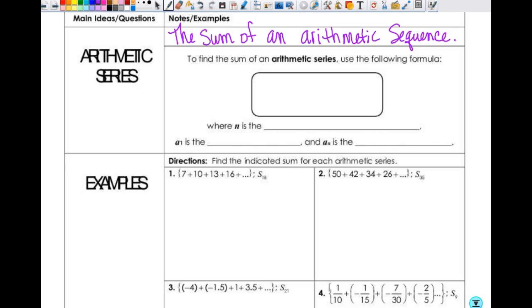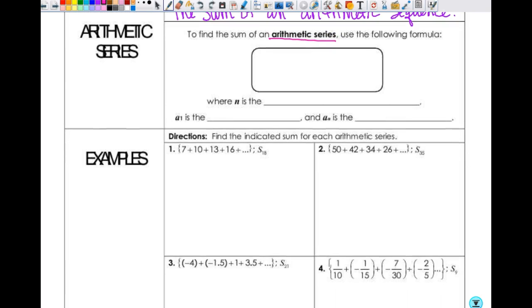Okay, good. If I want to find the sum of an arithmetic series, I'm going to use the following formula: S sub n is equal to n times (a1 plus a sub n) all over 2.